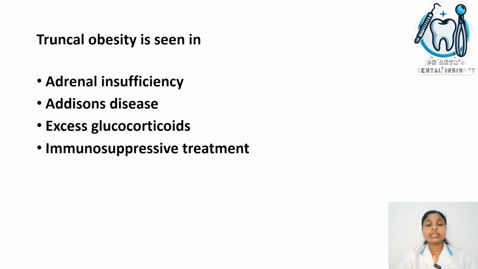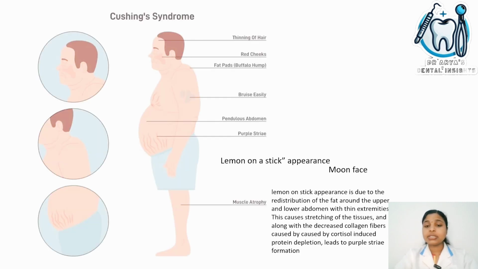Then coming to the next question, truncal obesity is seen in which condition? Is it adrenal insufficiency, Addison's disease, excess glucocorticoids, or immunosuppressive treatment? So this is Cushing's syndrome.